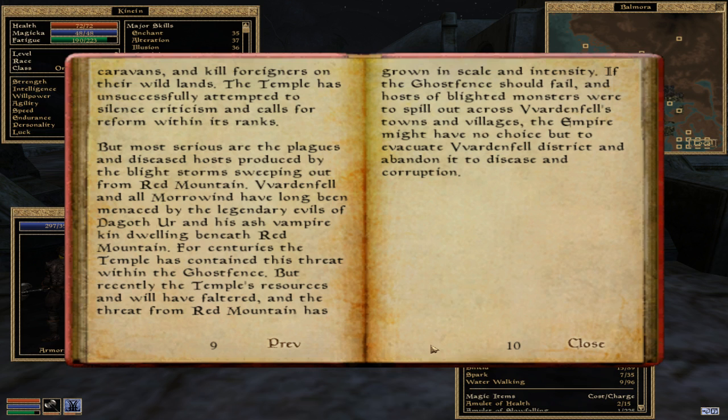If the Ghostfence should fail, and hosts of blight monsters were to spill out across Vvardenfell's towns and villages, the Empire might have no choice but to evacuate Vvardenfell district and abandon it to disease and corruption.